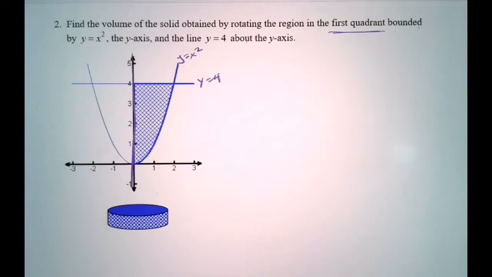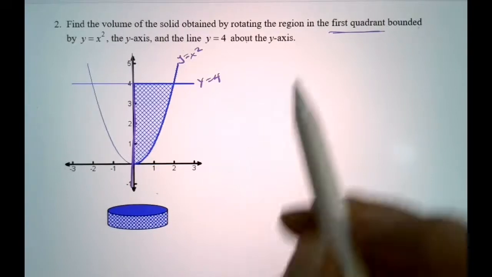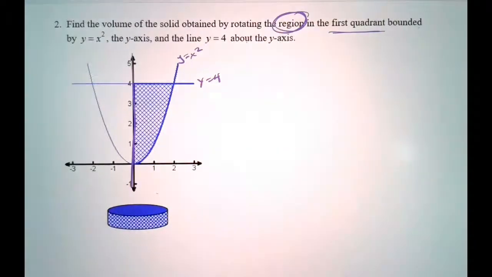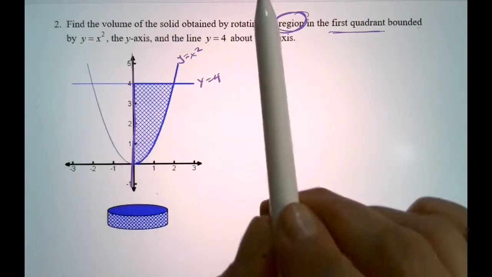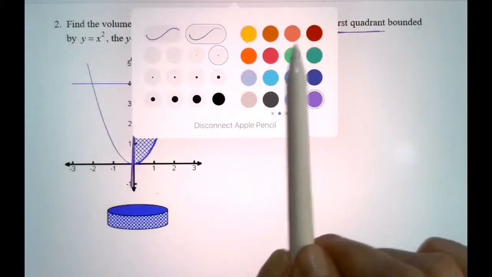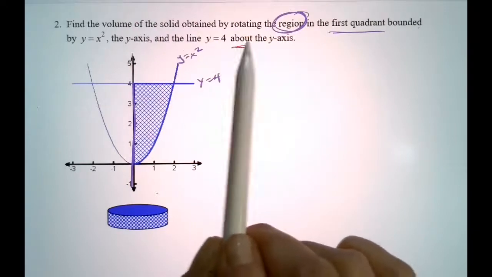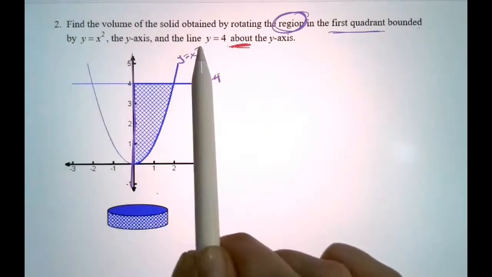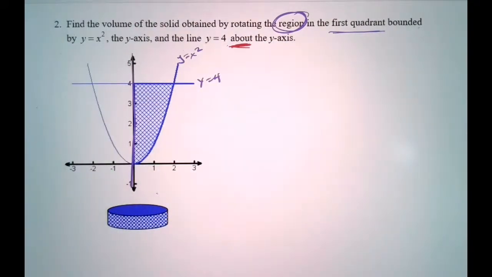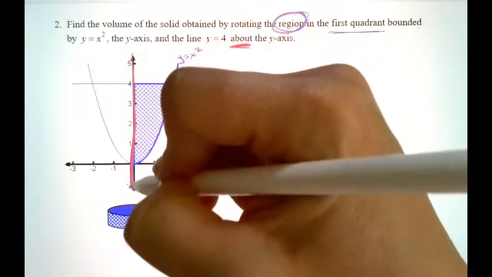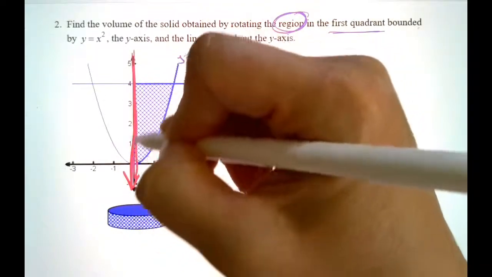Okay, so that's your first step, saying, okay, I now know what that region R is. That's really important. It's almost like you want to stop at that moment that you see the word about. Just stop right there. Find your region, shade it out, and then decide, where am I spinning? Well, in this case, we're spinning on the y-axis, which again is one of your boundary lines.